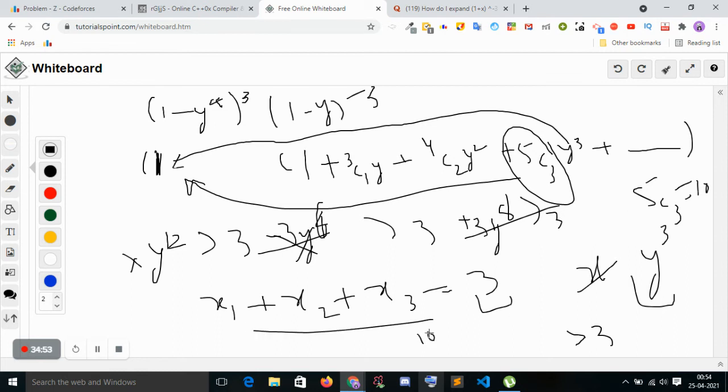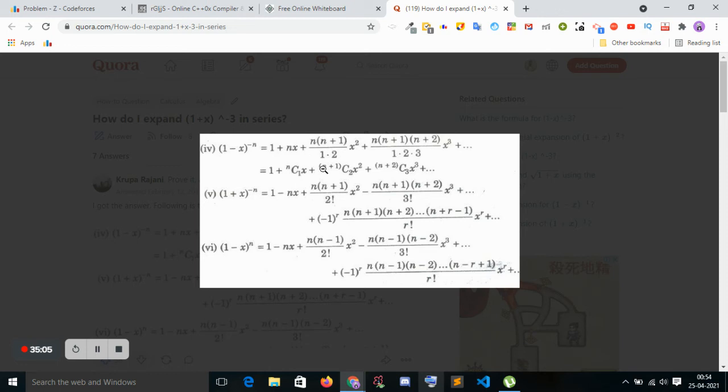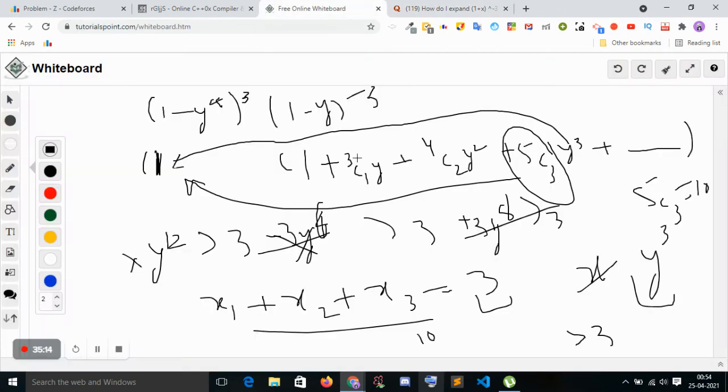Actually we have solved it with pen and paper. So what is the formula? Here n is 3, and nC1 you can write as n plus 1 C2. So can I make a general formula for this one? I can write it as n plus r minus 1 C r, y to the power r.